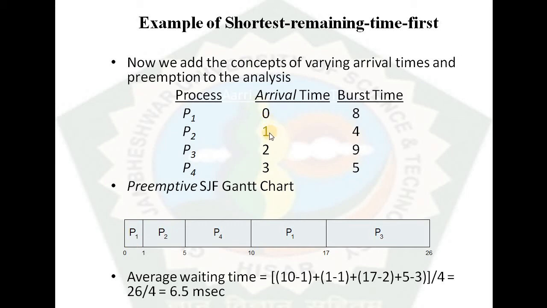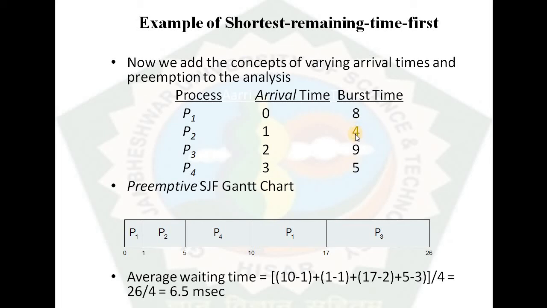After 1 millisecond of time, another process comes into the ready queue, that is P2. If we have two processes, we have to run the algorithm again, that is shortest remaining time first scheduling. Between these two processes, the shortest CPU burst time is of P2, that is 4 milliseconds.